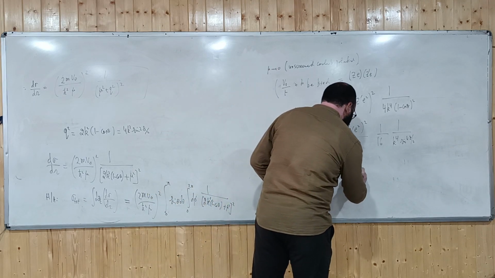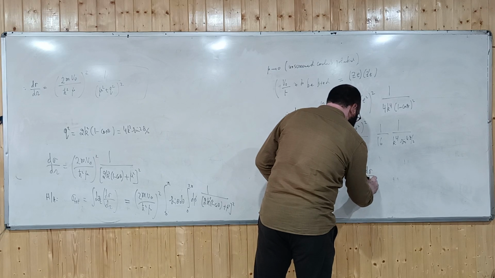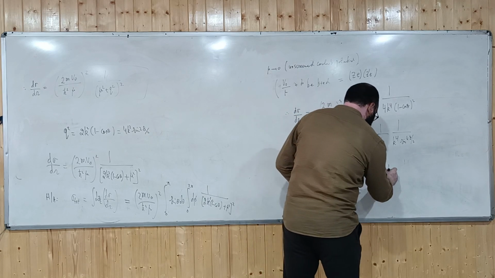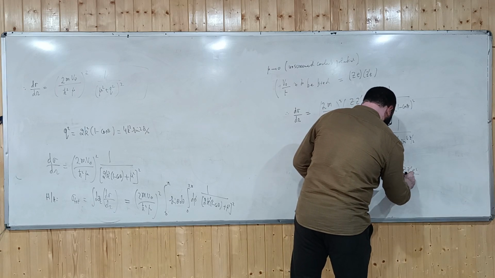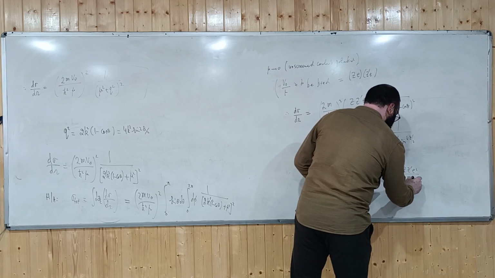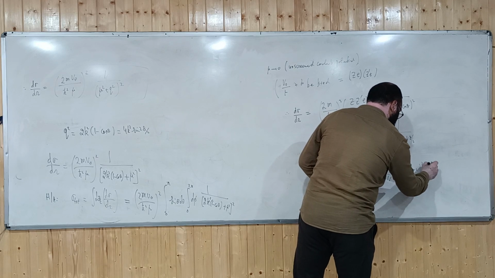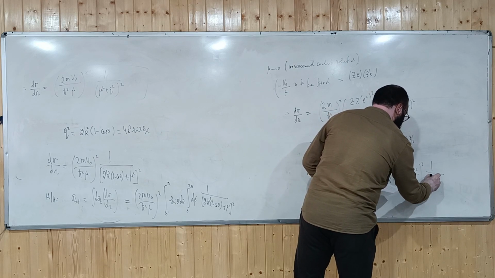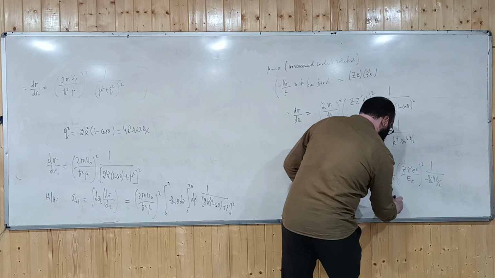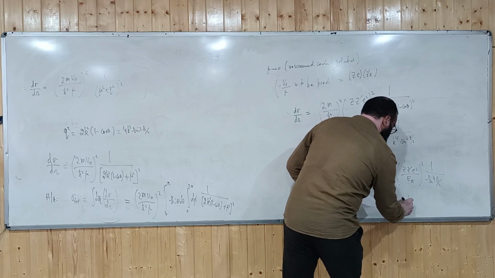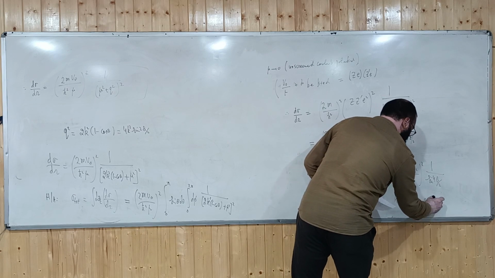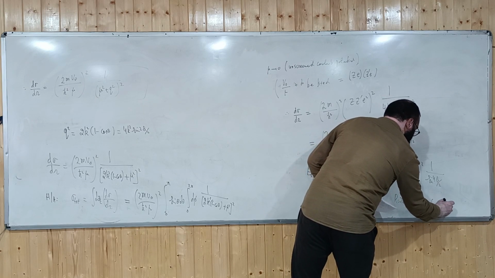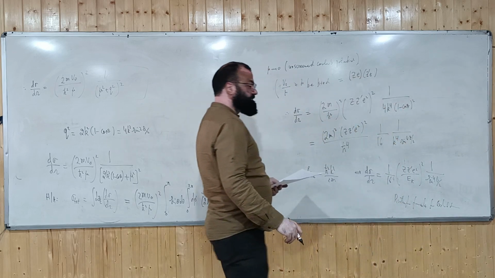Which gives you d sigma by d omega simply equals 1 divided by 16 times Z prime E square by E kinetic, whole square, times 1 divided by sine raised to power 4 theta by 2. So this is your well-known Rutherford formula for Coulomb scattering. Clear? Got it?